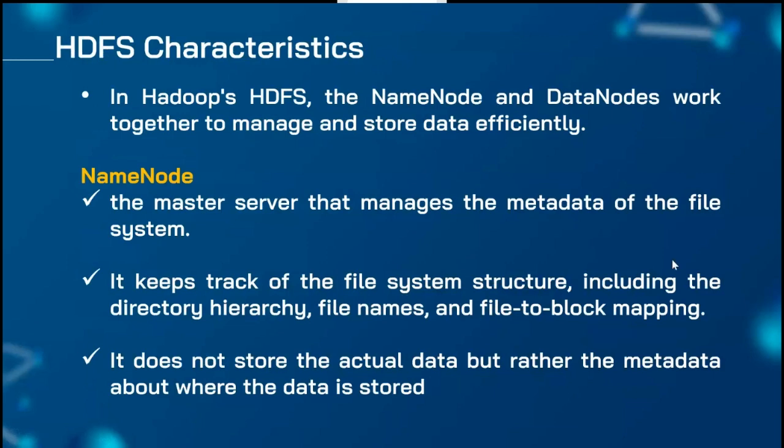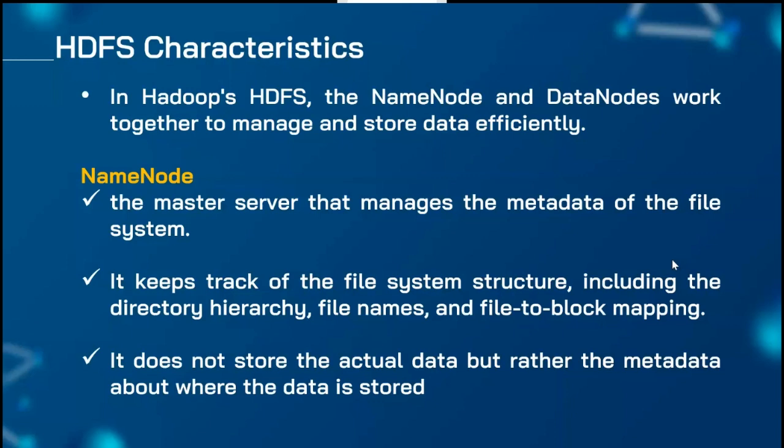HDFS components. First, the name node. It is also known as the master node. The name node doesn't store the actual data or dataset. The name node stores metadata, for example, the number of blocks, their location, on which rack and which data node the data is stored, and other details.